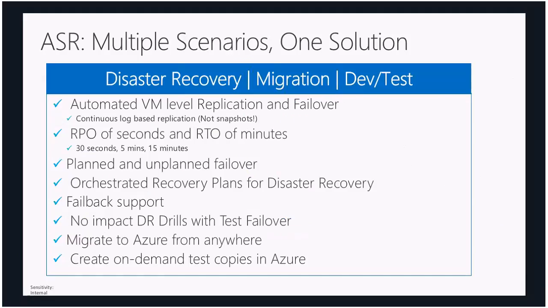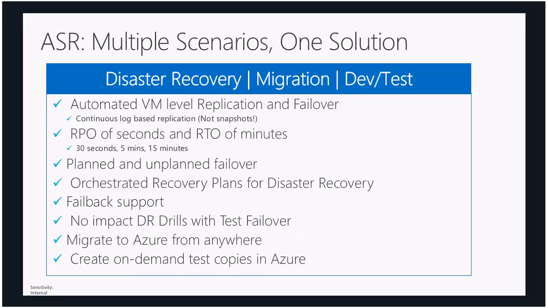So ASR gives us multiple scenarios that we can work against, but really through one solution. And this is where the power comes in. With ASR, we get things like automated replication. We get control over our recovery point objective, so RPO, and recovery time objective, RTO. So how many points in time do we want to be able to go back if we needed to do a failover?